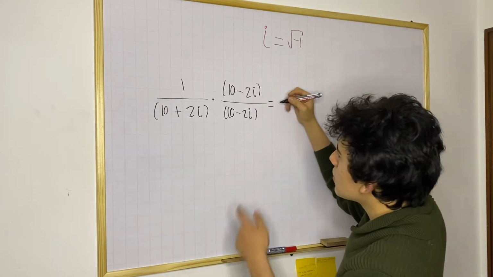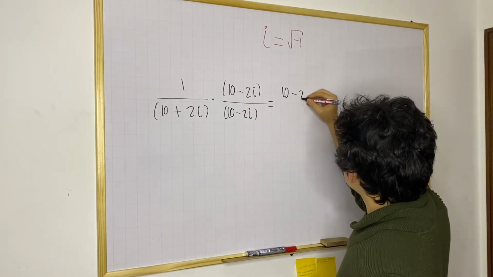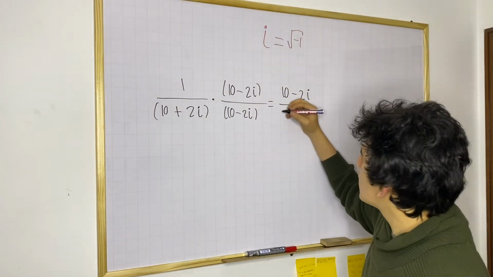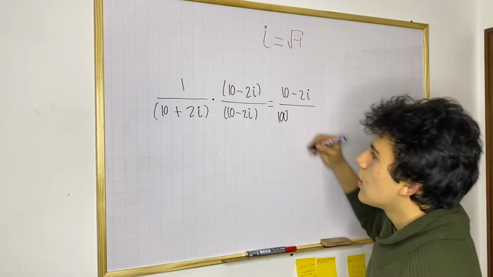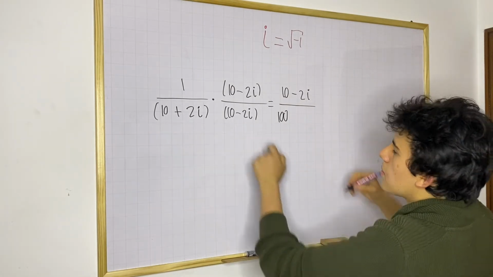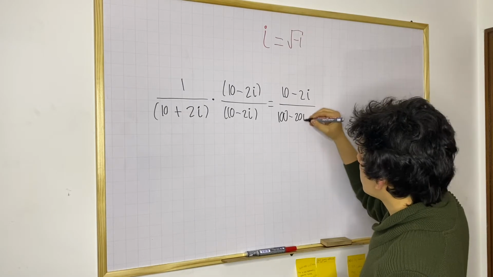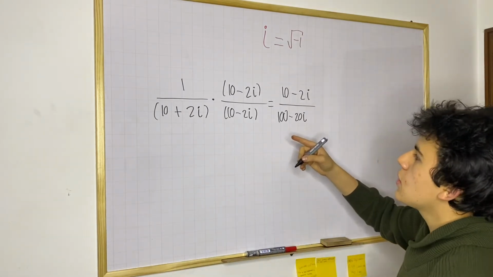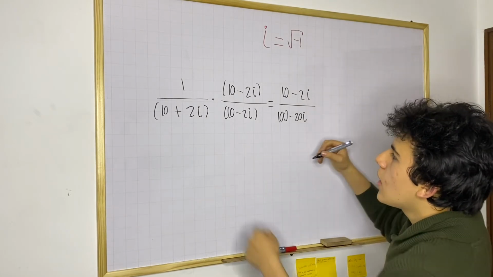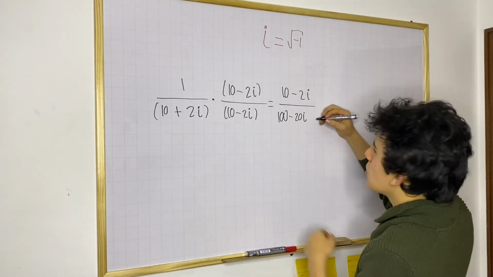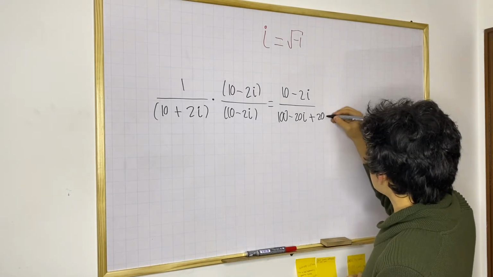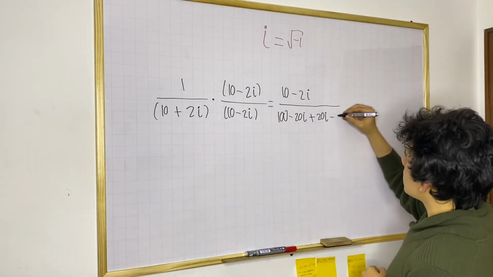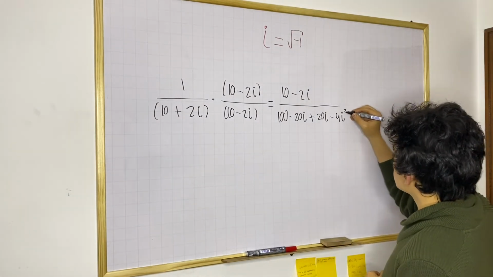Now you can distribute, so you would get on top 10 minus 2i. Now let's distribute the denominator: we would get 100 minus 20i, and now multiplying the other terms, we get plus 20i, and then minus 4i squared.